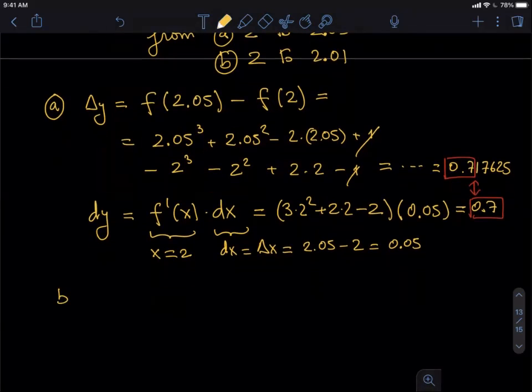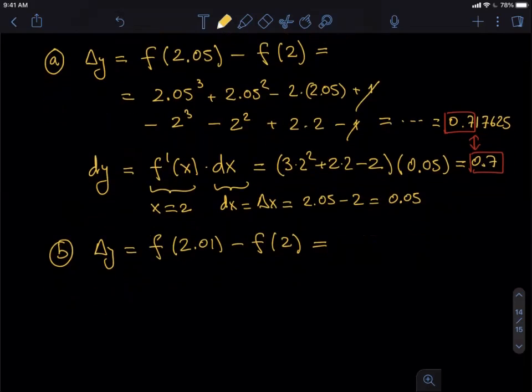Now part B says to do the same thing, but now 2.01 instead of 2.05. So the increment in y, that is just as before. Now, the disadvantage of computing the actual increment is that even for a polynomial that is kind of easy, it's a lot of computation.